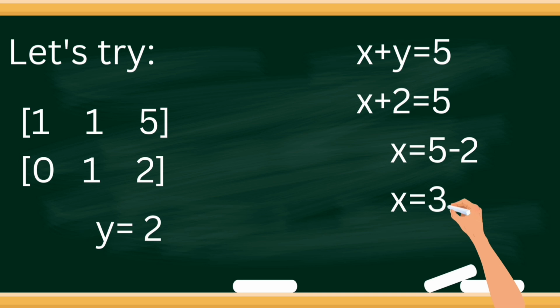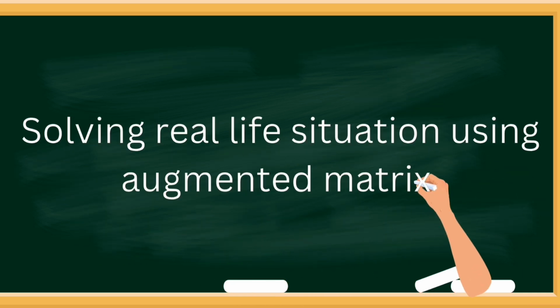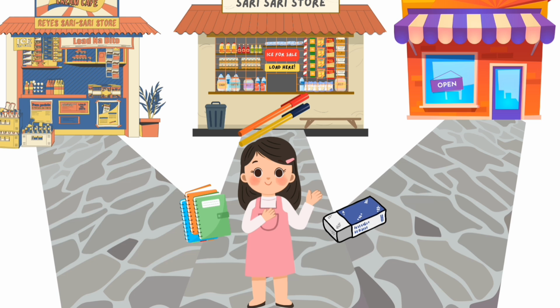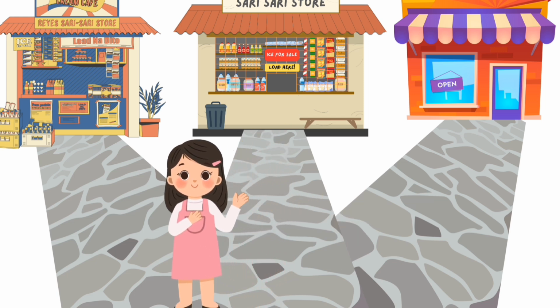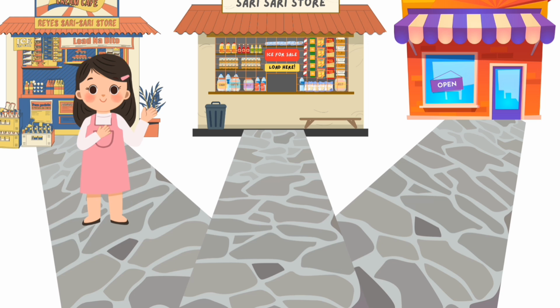Now let's move on to solving a real-life situation using an augmented matrix. The scenario is that Isa is buying school supplies for her 3 younger siblings. She is purchasing notebooks, pens, and erasers. She shops on 3 different days in 3 different stores. On day 1, she buys 2 notebooks, 3 pens, and 2 erasers for 100 pesos.